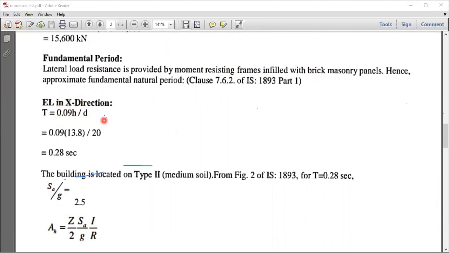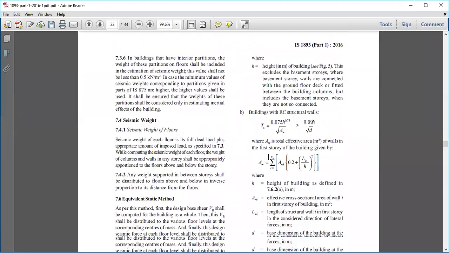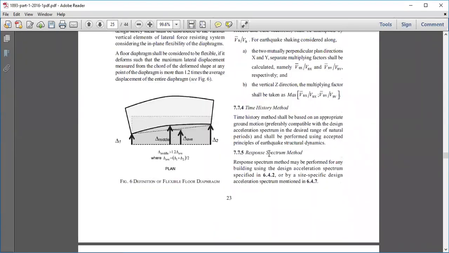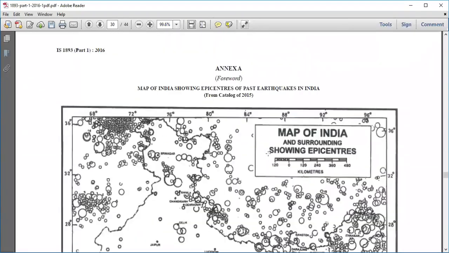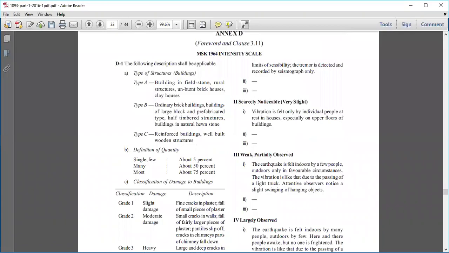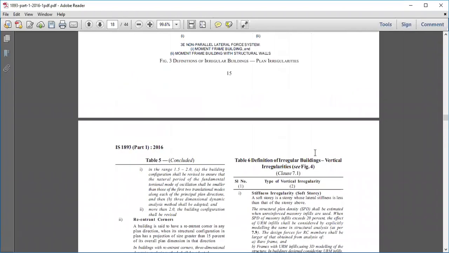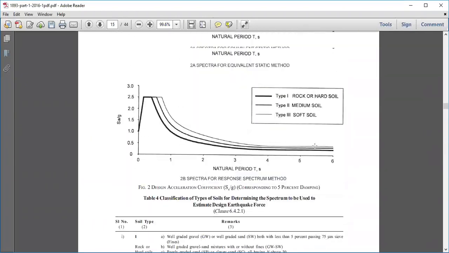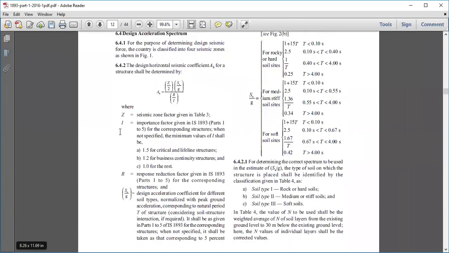Now, if I want to check this again, I have to go back to the code book, and we have the formula here for different types of structures. What is the equation given? Okay, so this is your seismic coefficient.